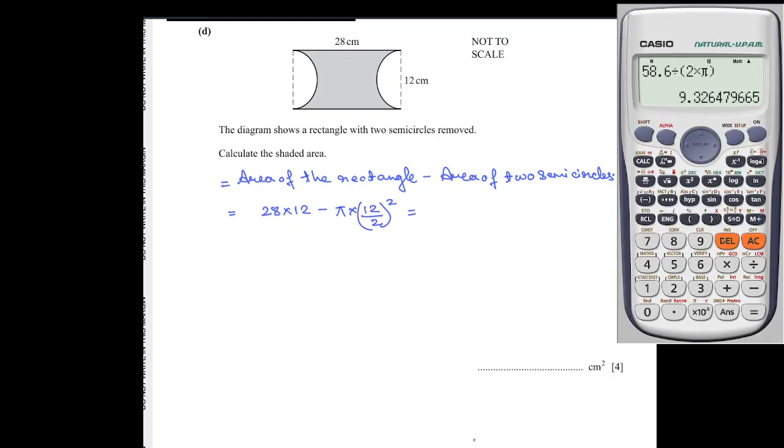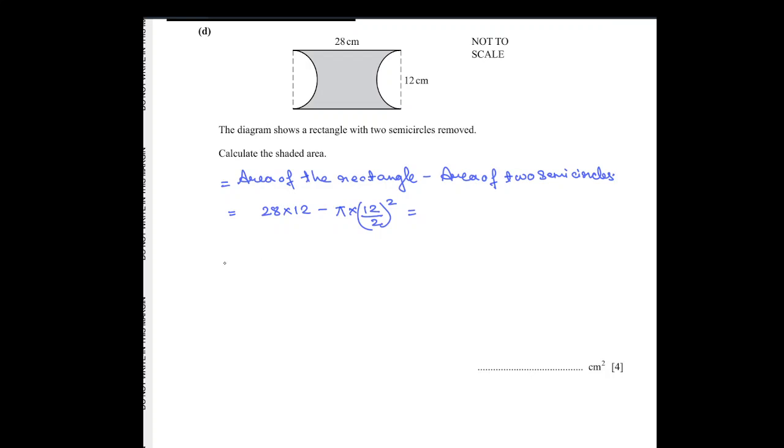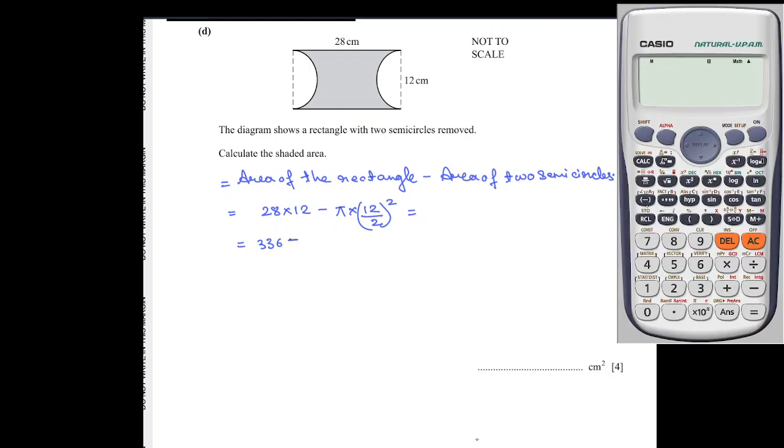28 into 12, 336, minus pi into, find out the area of semicircle. There are two semicircles, so we'll find one circle area, that's it. So r is half of the diameter, the diameter is 12, so 12 by 2 I am doing, that's why.